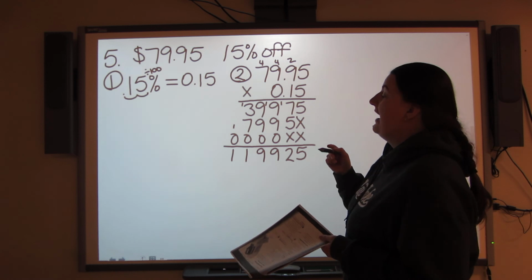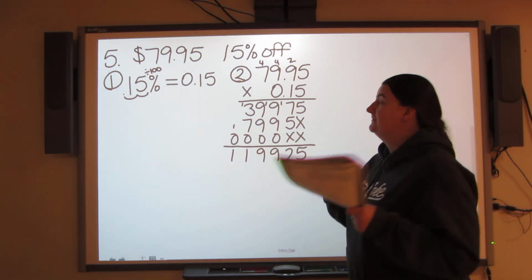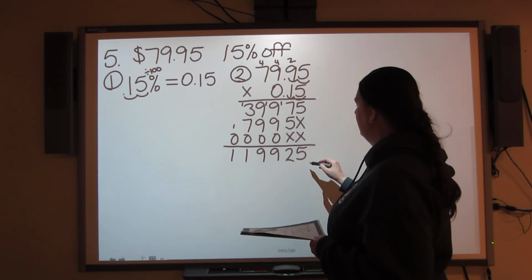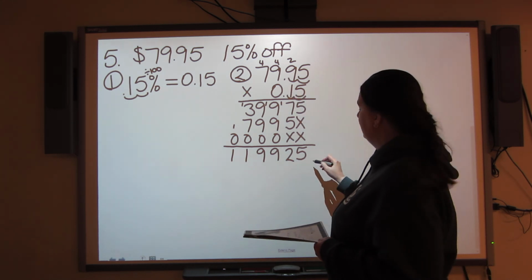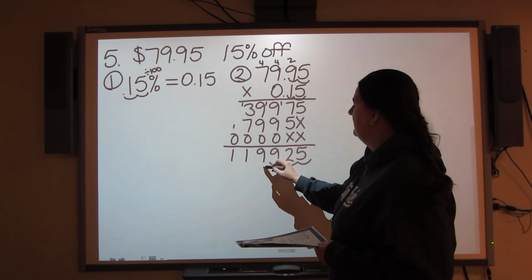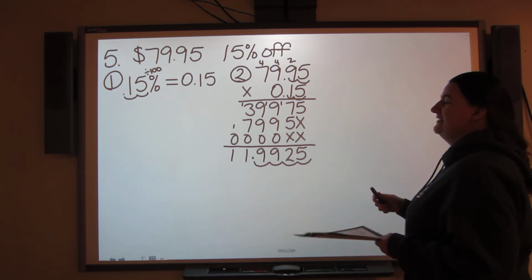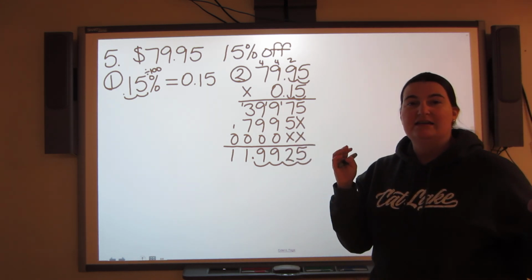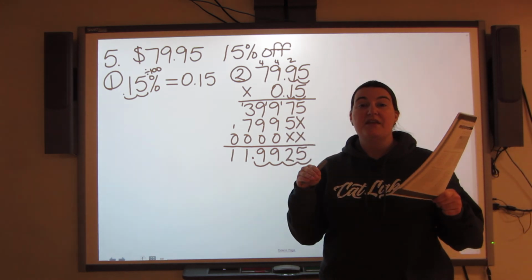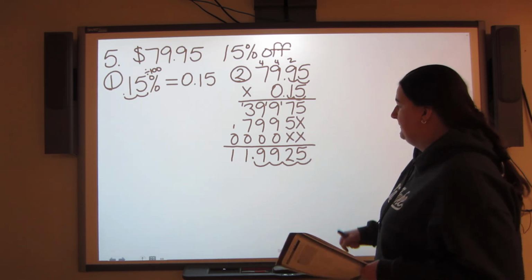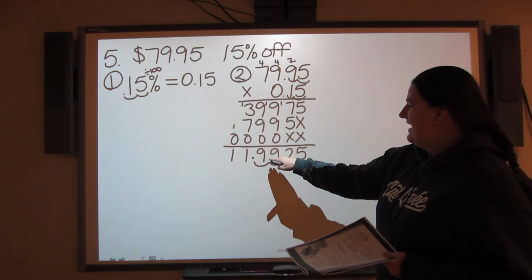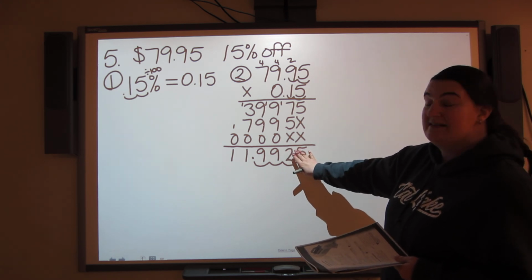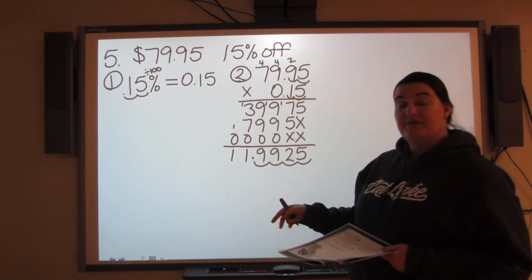And now, how many decimal spots do you have? 1, 2, 3, 4. So you're going to have 4 in your answer. All right, this is where you're going to be doing some rounding because you need to keep in mind that you are dealing with dollars, money. So $11.9992, we would never normally have 4 places after the decimal when you're dealing with money.